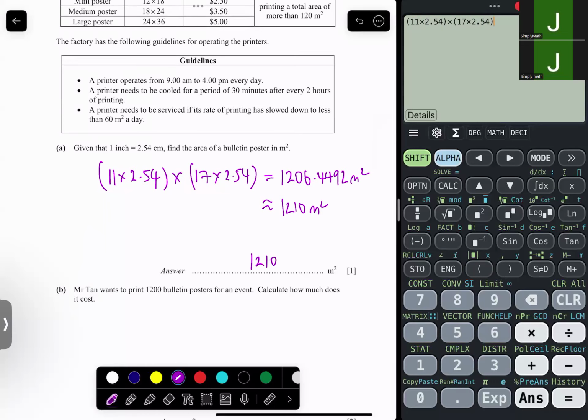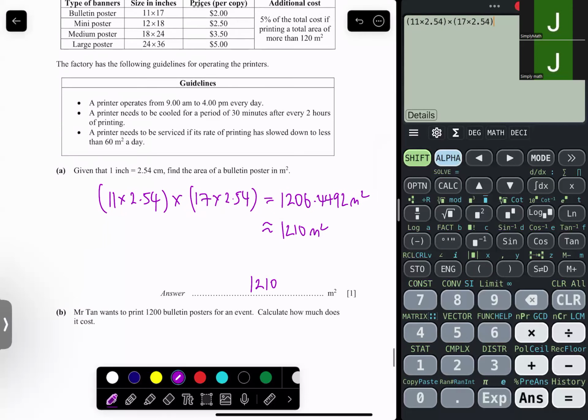Oh wait, this is in cm. They want it in meters squared. Sorry, my bad. So this will be equals to 121 divided by 100 divided by 100. So 0.121 meters squared.